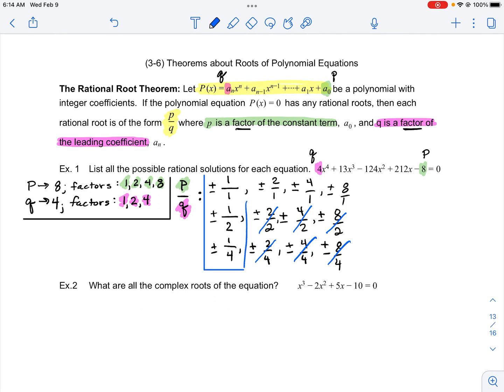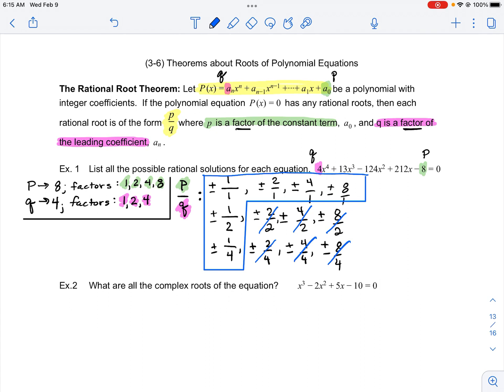And you'll have some questions today where it's just asking you to name the possibilities. And these would be the possibilities for our rational roots, or things that would divide into our polynomial without a remainder. So we end up with 2 of each of these.